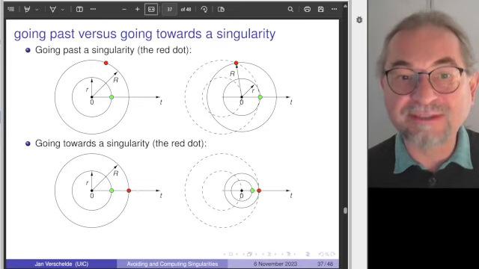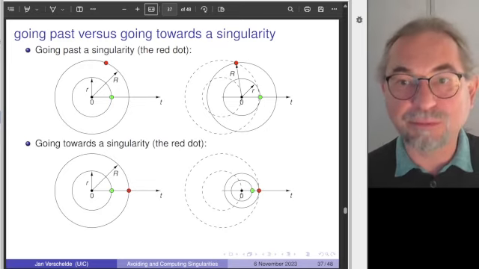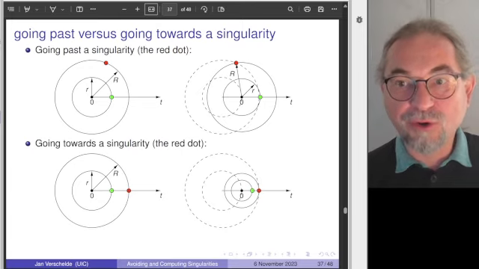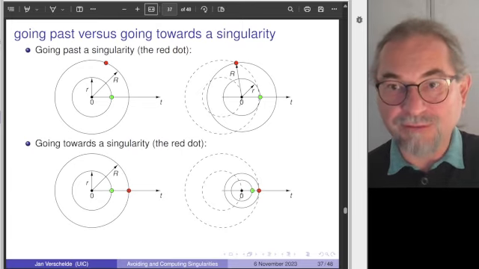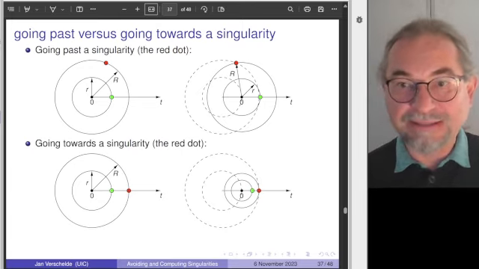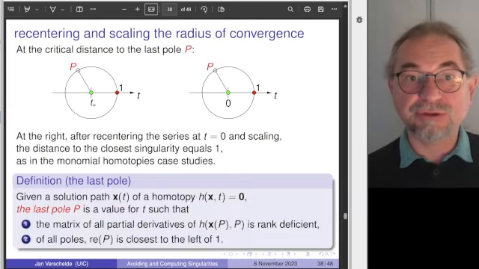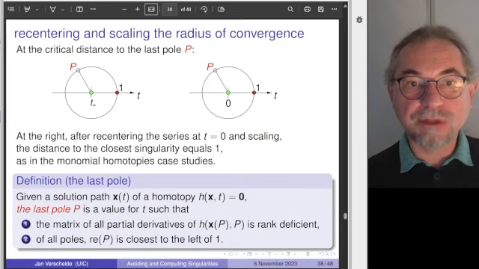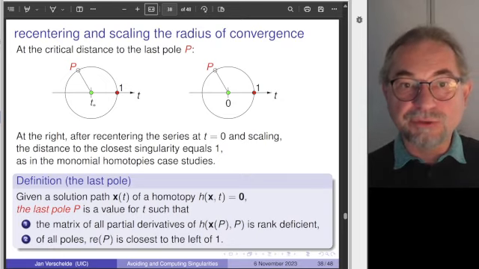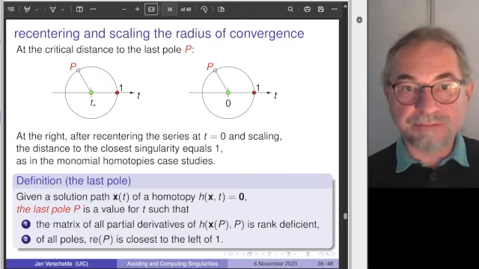So suppose that this is here the last pole, then as you are moving closer to 1, you can recenter your coordinates or recondition your homotopy. So this is where also the end game comes in.